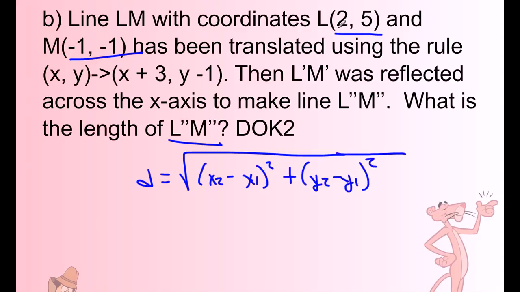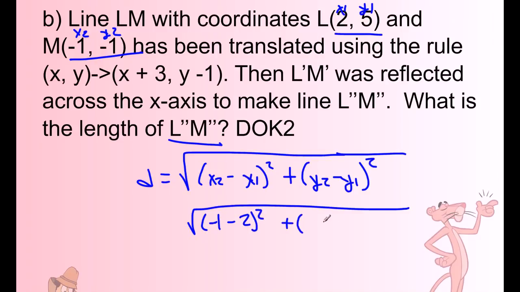If we plug in the points from here, and I'm going to make this x1, y1, x2, y2, negative 1 minus 2 squared plus negative 1 minus 5 squared.